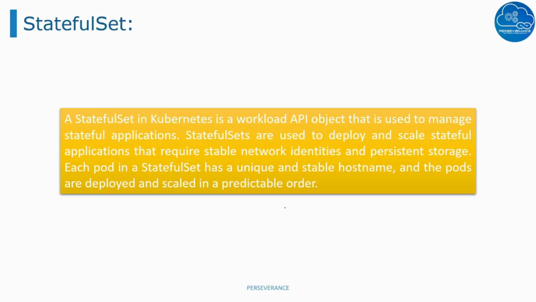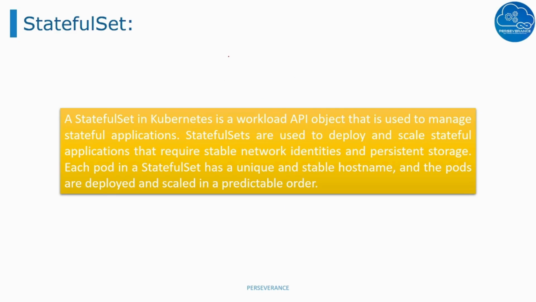Stateful set in Kubernetes is a workload API object used to manage stateful applications. Stateful sets are used to deploy and scale stateful applications that require stable network identities and persistent storage. Each pod in a stateful set has a unique and stable host name, and the pods are deployed and scaled in a predictable order.